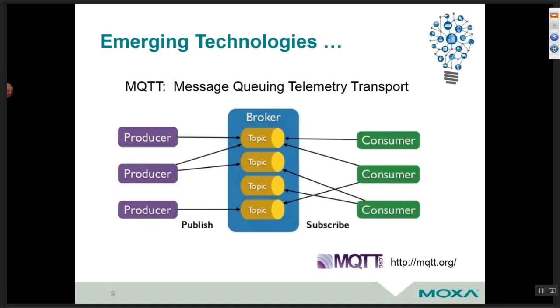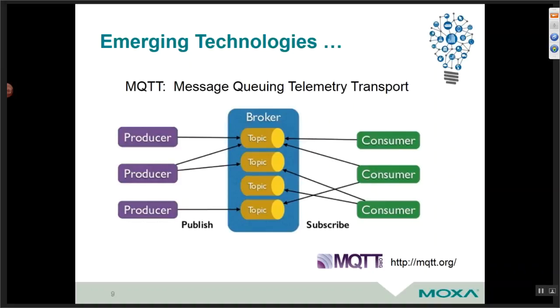This is a protocol that was really built for applications for wide area networks like pipeline monitoring. It's called MQTT, or Message Queuing Telemetry Transport. It builds upon an IT technology, and some of its foundations go back to IBM, which is very efficient and utilizes that report by exception.